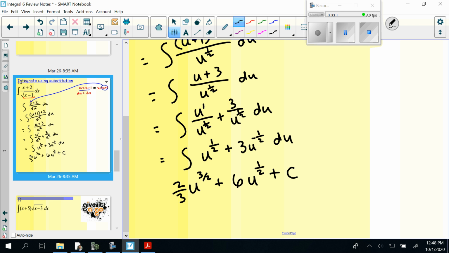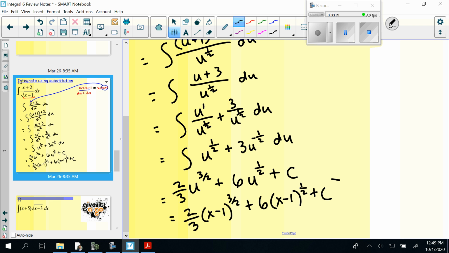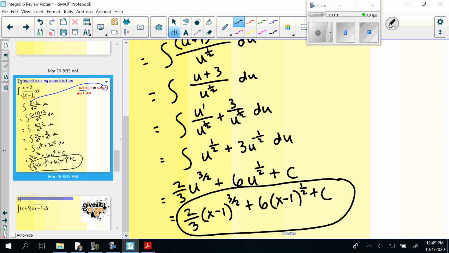Now if we substitute back in, our substitution was x minus 1. And so we end up with 2/3 (x minus 1) to the 3/2 plus 6 (x minus 1) to the 1/2 plus c, and there would be our antiderivative.